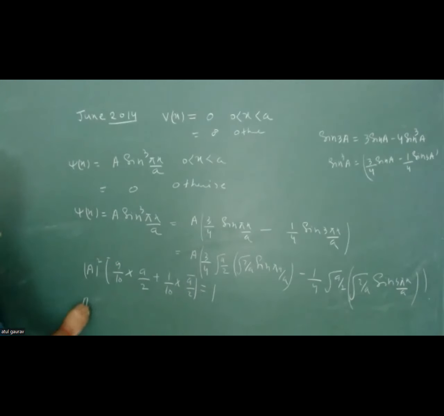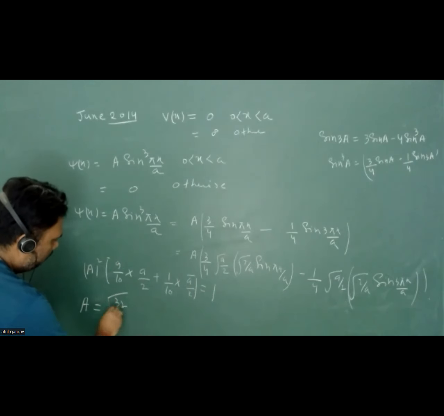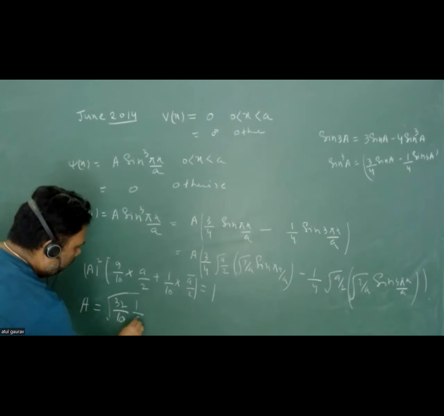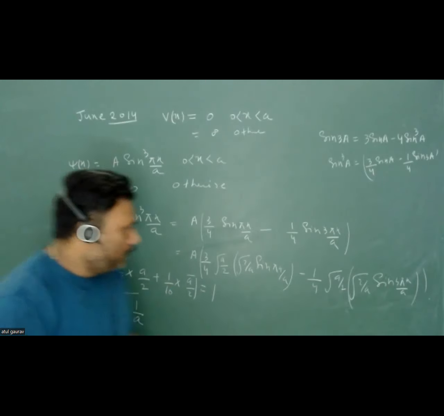So from here you can get the value of a. So what will be the value of a? So a will be root under 32 upon 10 a. Okay, 1 by a. So this will be the value. You can just calculate it. Yes, sir. So that will be a.